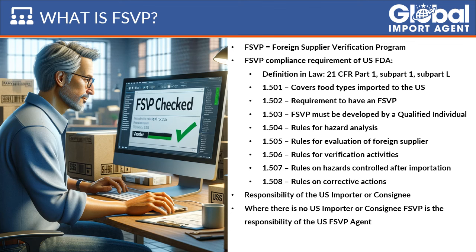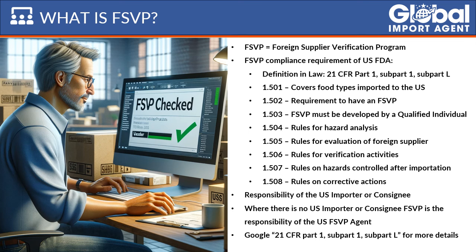The responsibility for FSVP is always with the US-based importer or consignee who has purchased or agreed to purchase an imported food at the point of entry into the USA, i.e. at US Customs.